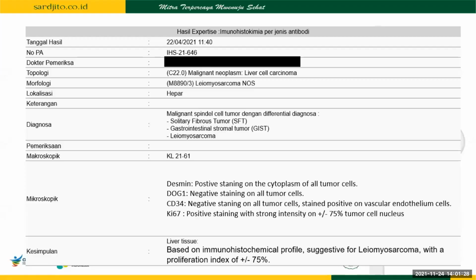From this case, we suggest it is a leiomyosarcoma because based on the Jasmine positive for the leiomyomas, and they are negative for DOG1 and CD34. So this is a typical case that we usually see, and we usually do the panel of immunohistochemistry for spindle cells or mesenchymal cells in the liver.